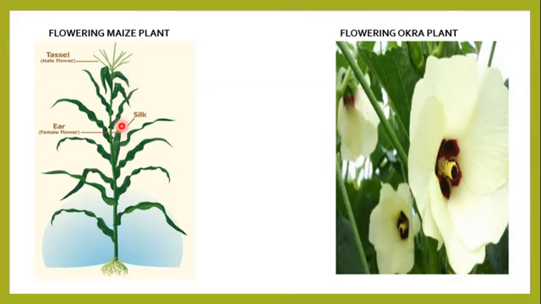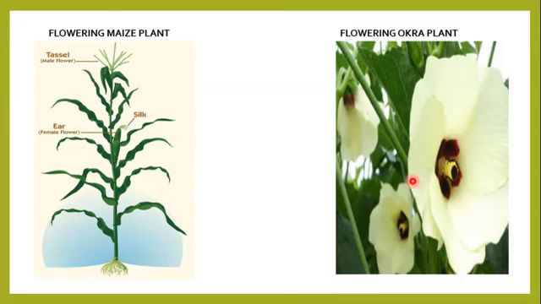The female one is the one having the hair-like structure which receives the pollen grains from the male flower. So this is a picture of a flowering maize plant. Then of course okra with these beautiful flowers, almost like rose, is also having both the male and female parts in the same flower. So it is called a bisexual flower.